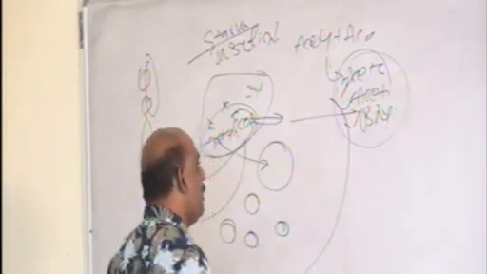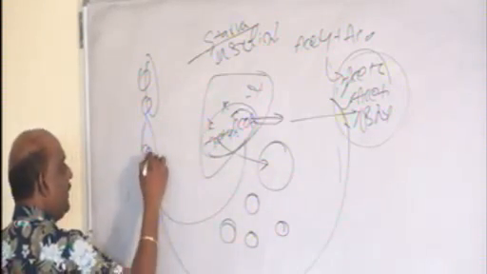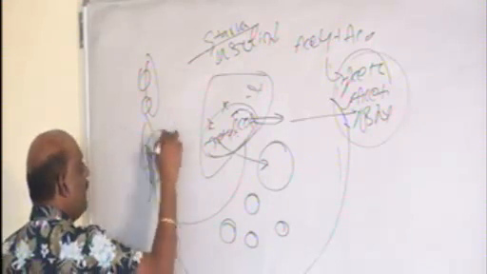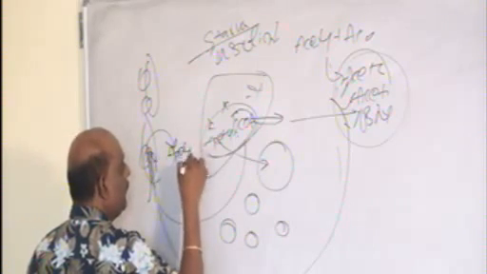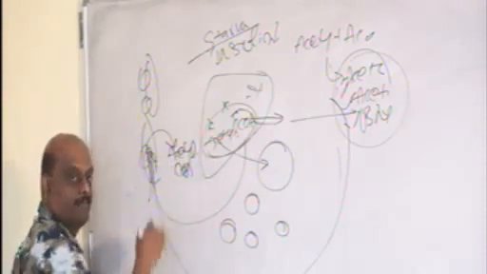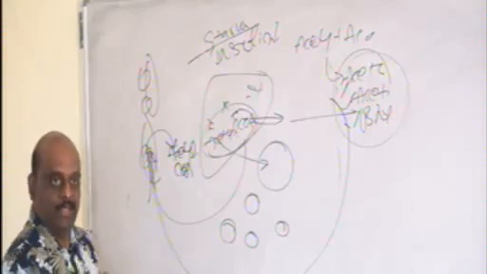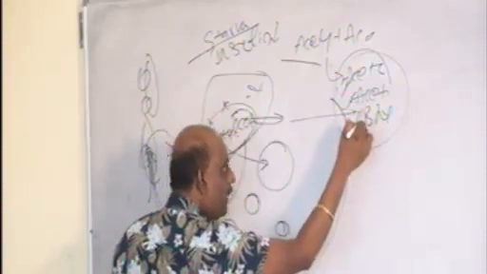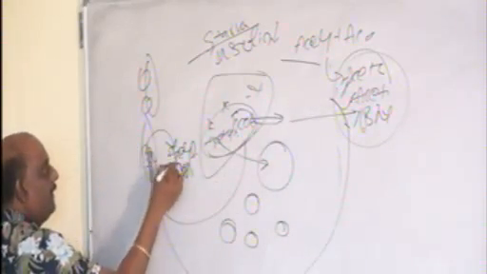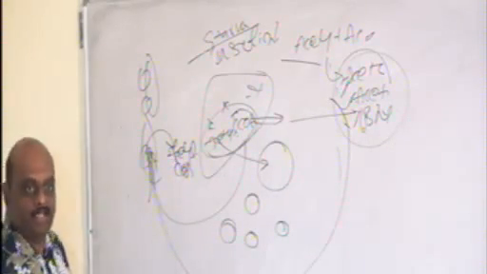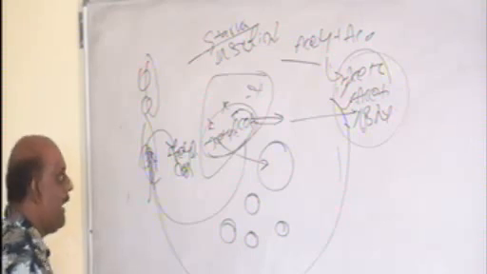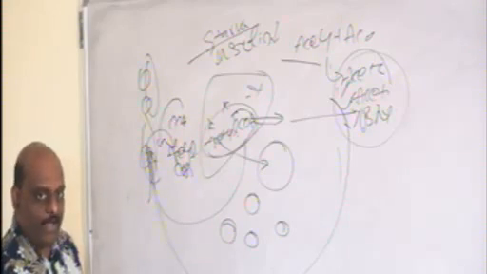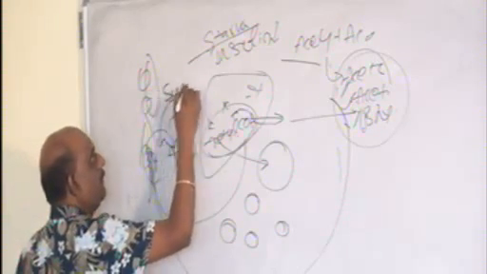Then what will happen after they reach the tissues? They enter into the tissues, they need to be reconverted back into acetyl CoA. So acetoacetate or beta hydroxybutyrate need to be converted back into what? Acetyl CoA. To convert that back, somebody should provide CoA. Who provides CoA? Succinyl CoA provides CoA.